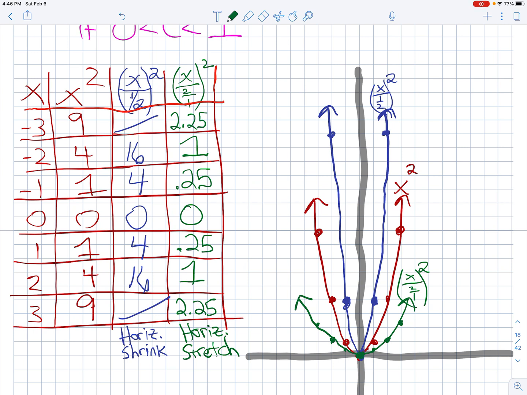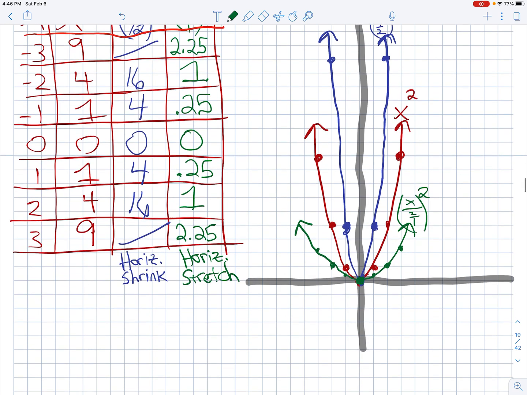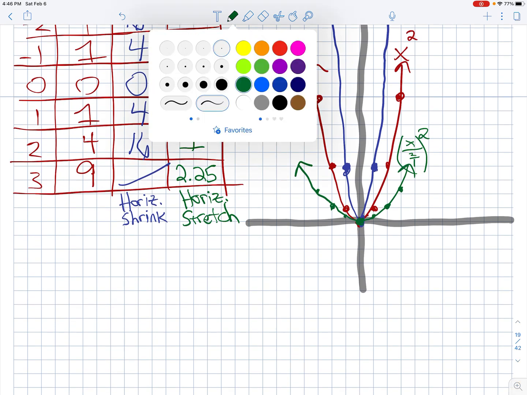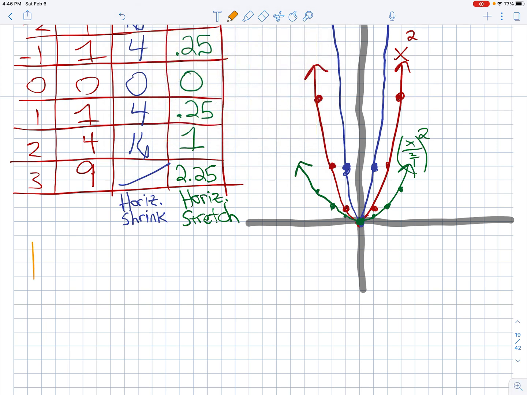All right. So what do I want to do here? Let me give you the general notation for the stretch and the shrink, and then I think we'll be good here for today. This is the last of the transformations. There are no more new transformations after this.